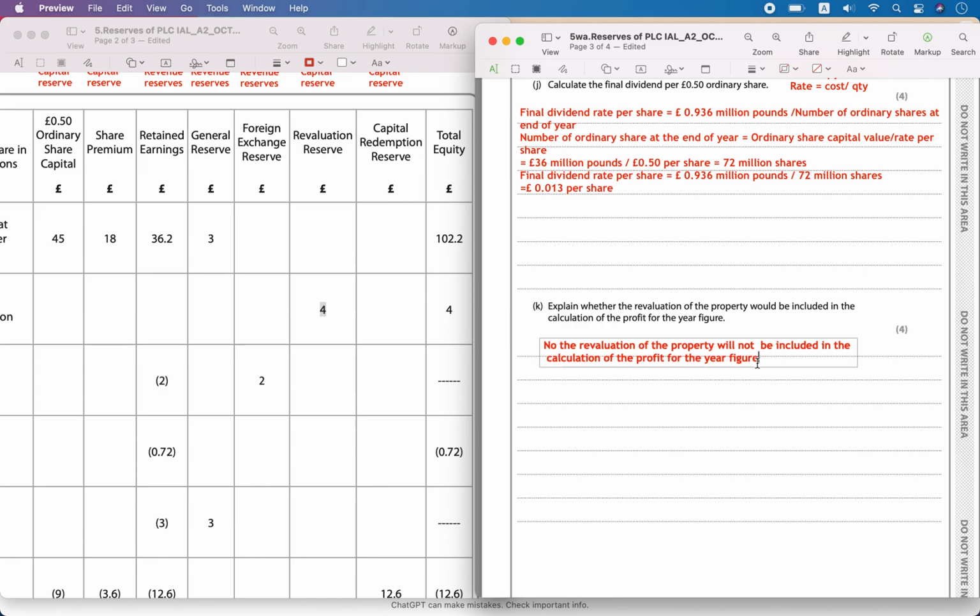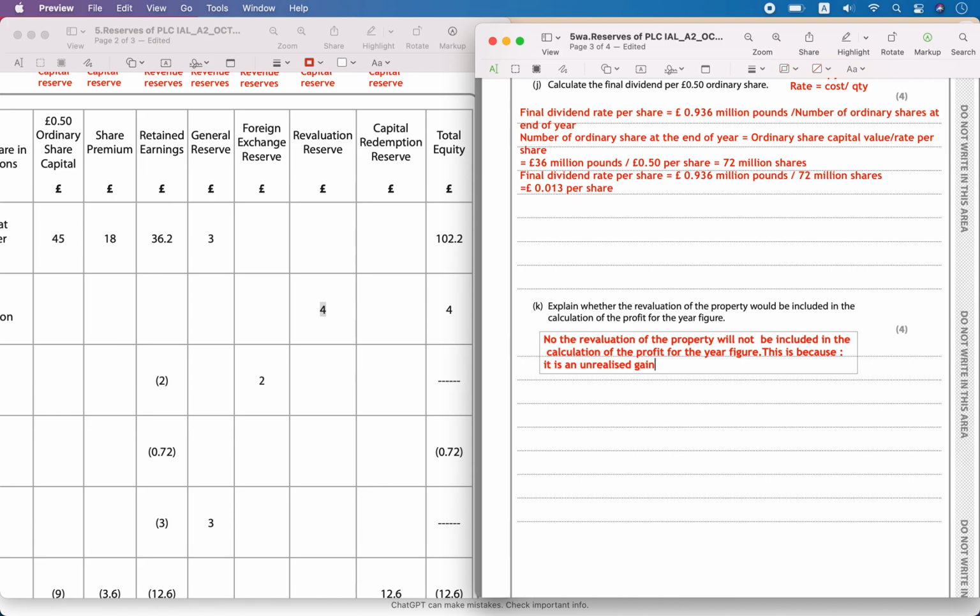Then explain why you are not including it. We have to give two explanations. One is because it is an unrealized gain. It has not been realized, so it is classified as an unrealized gain.